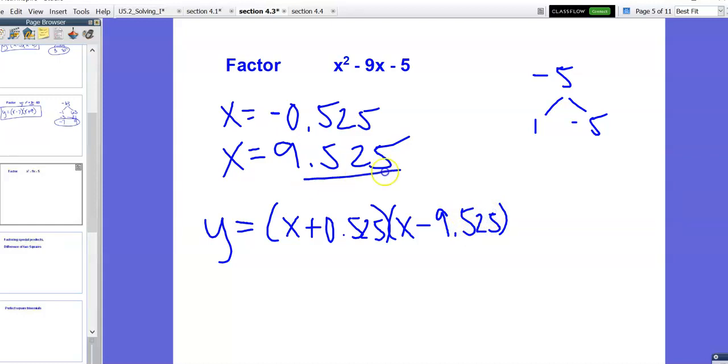Because if we were to substitute our x values in now, they would make our equation equal to 0, and that's what we want to happen. So if you do have to factor using the graphing calculator, when you write your equation in factored form, just remember to change the sign.